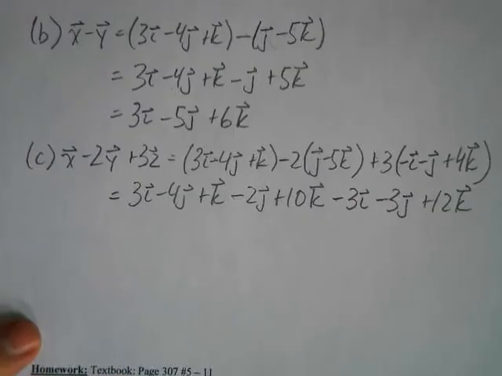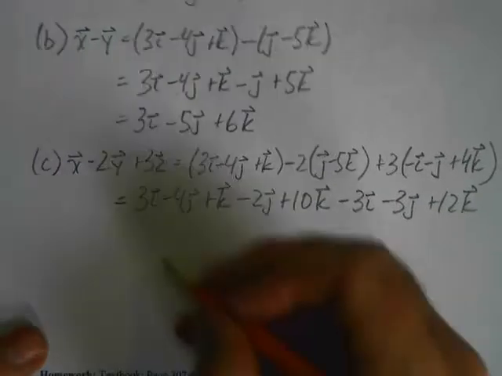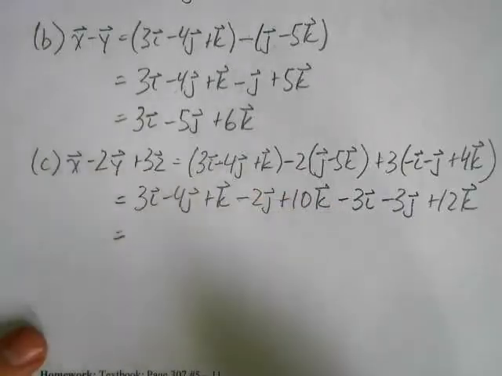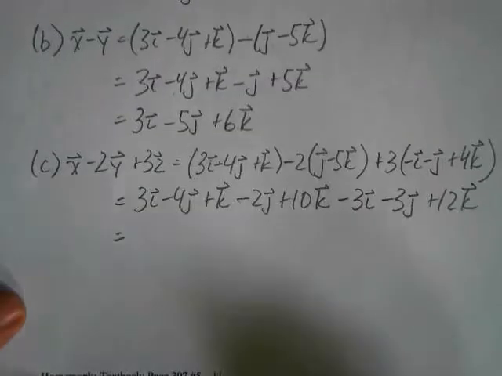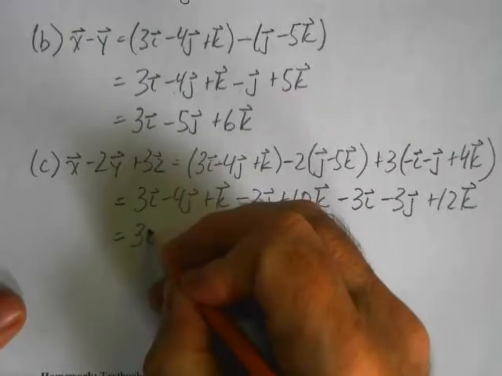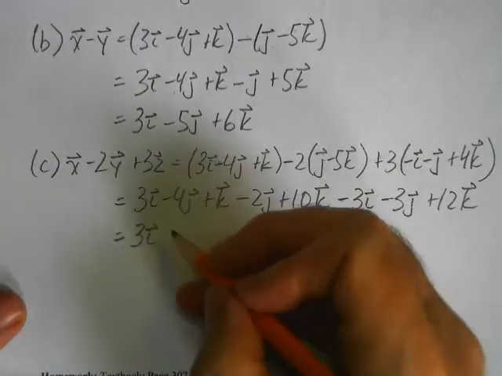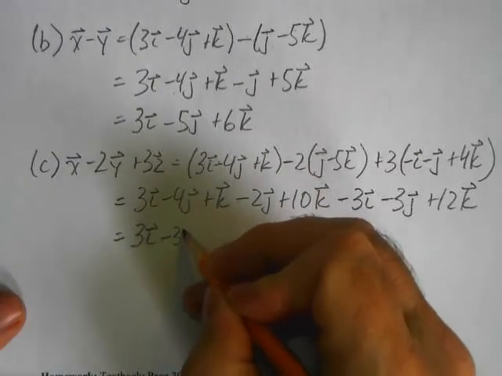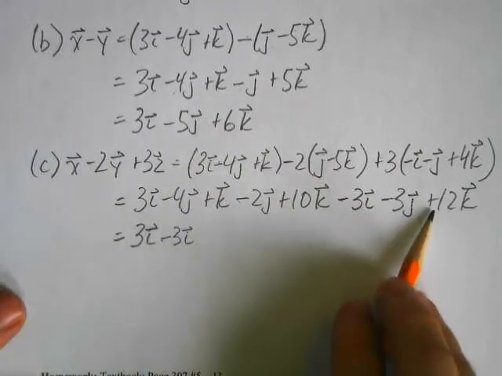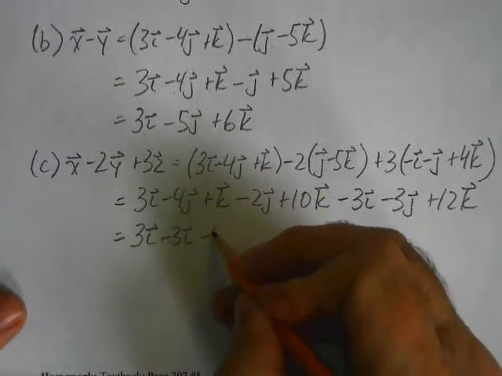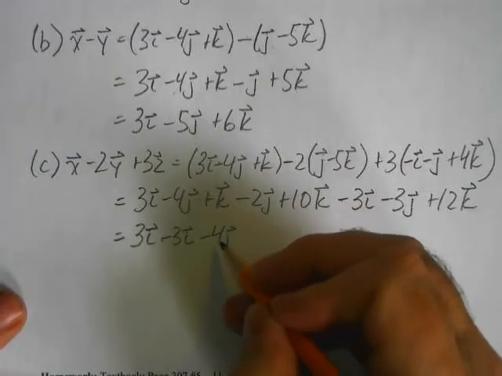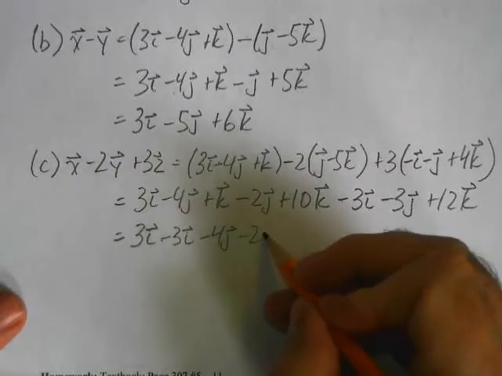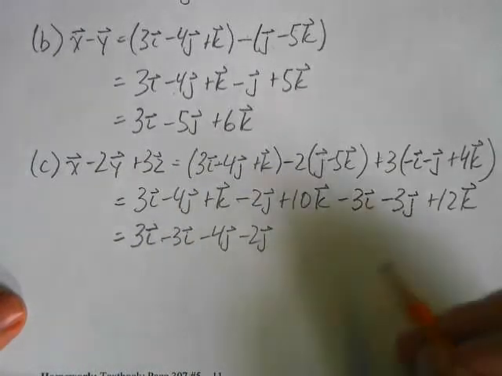Okay, so again, there's a lot of different vectors here. So I'm just going to put them all in a different order so I can combine them easier. So I have 3i and a minus 3i. Those are my only i's. Then I've got a minus 4j, a minus 2j, and a minus 3j.